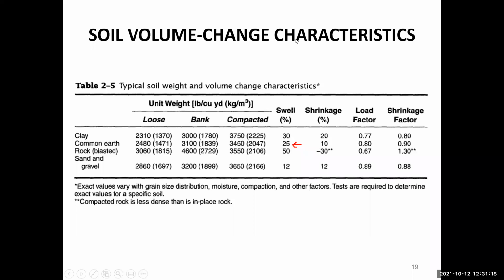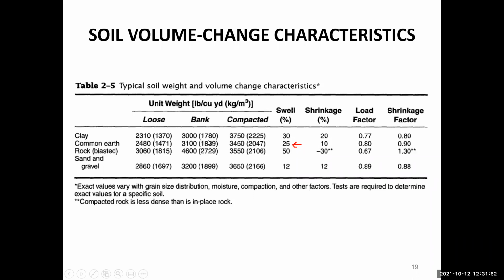So soil volume change characteristics, table 2-5. So typical soil weight and volume change characteristics. For different types of soils, we have found that we have these typical values. So for example, if you take the example of clay, clay in the loose condition will be about 1,370 kilogram per cubic meter.